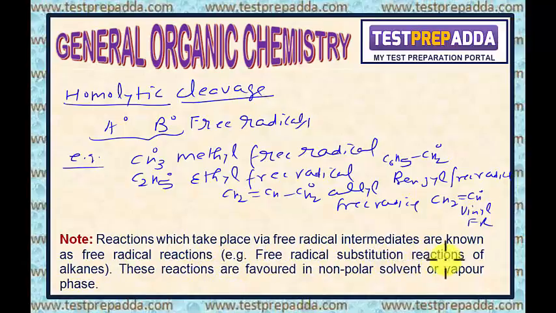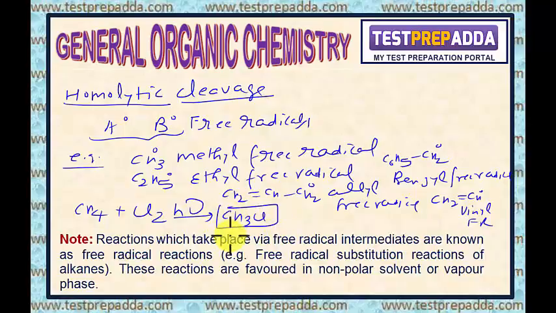Example, free radical substitution reactions of alkanes like CH4 when reacted with chlorine in the presence of h nu ultraviolet radiation, we get CH3Cl. This is free radical substitution and this takes place in vapor phase. These reactions are favored in non-polar solvent or vapor phase. My point is clear? I will talk about these free radicals, their structures and stability later on in detail.